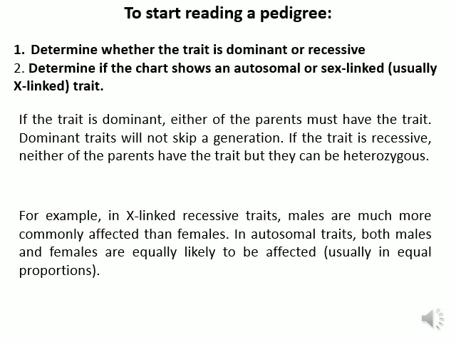For example, in an X-linked recessive trait, males are much more commonly affected than females because a single X chromosome can affect the male, but for the female to be affected, the gene must be recessive on both X chromosomes. So the male is highly affected in X-linked recessive disorder. But in an autosomal trait, both males and females are equally affected.